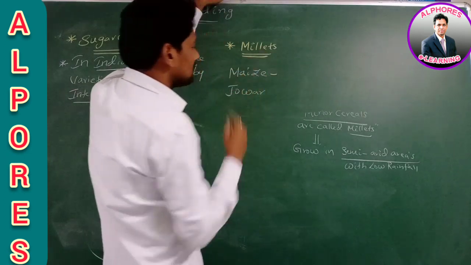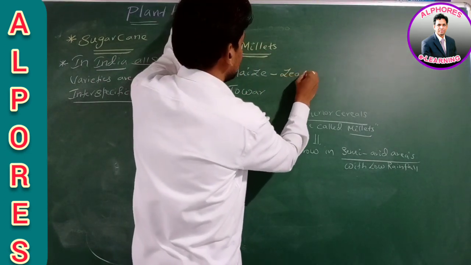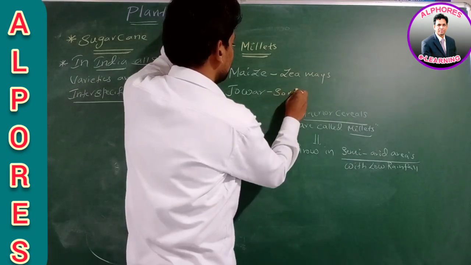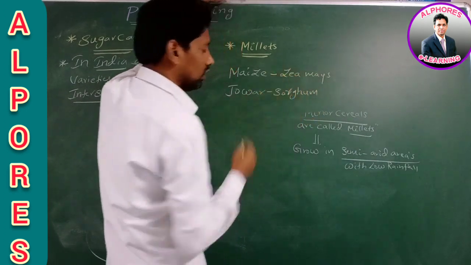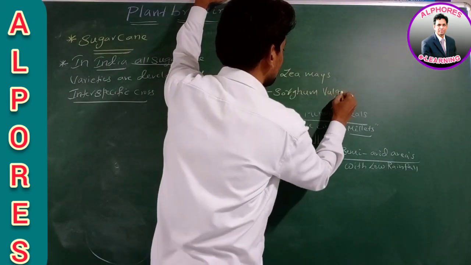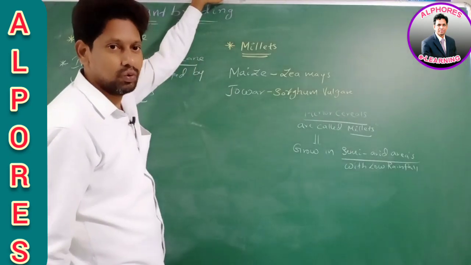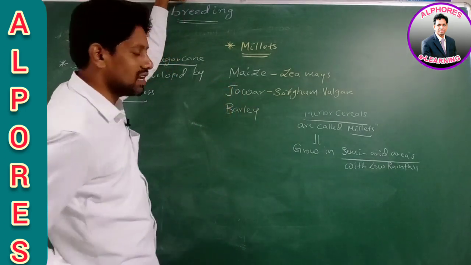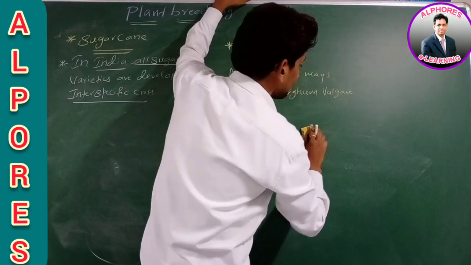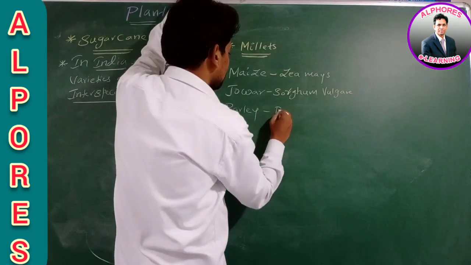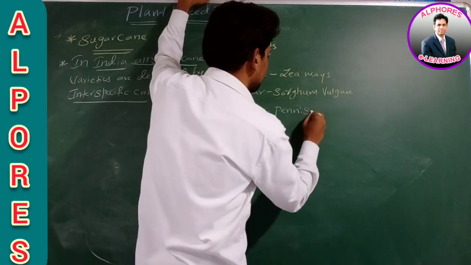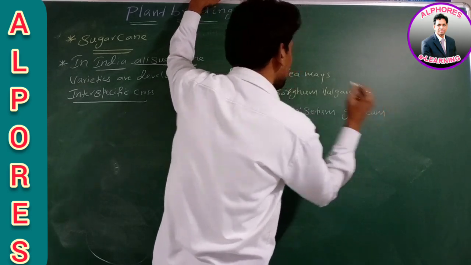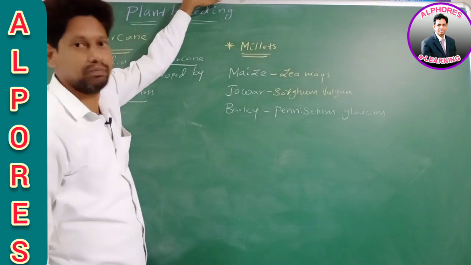Maize, botanical name Zea mays. Number two, jowar, botanical name Sorghum vulgare. And the next one is bajra, the botanical name of which is Pennisetum glaucum.